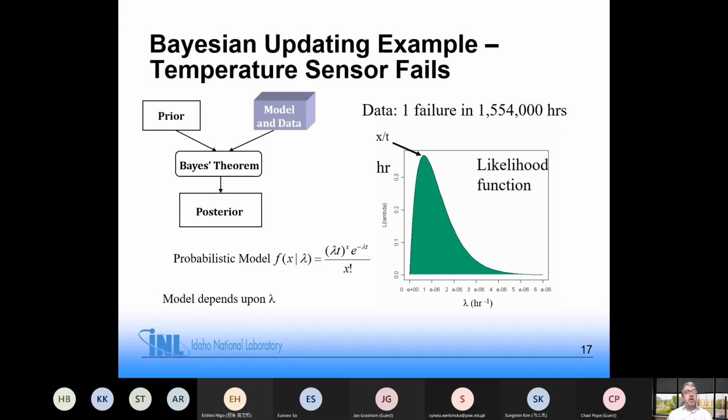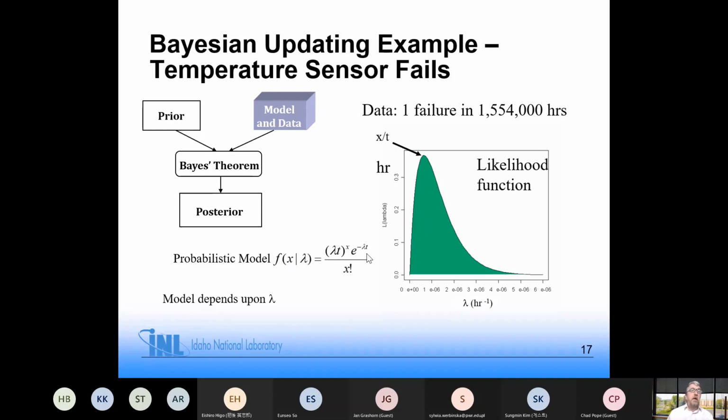It's going to be very similar to the diesel generator fails to run, a failure over time. And we said that was going to be a Poisson model in my earlier example. And the Poisson model is shown here on this page. So the probabilistic model, my function of X number of failures given a failure rate lambda, is the Poisson.